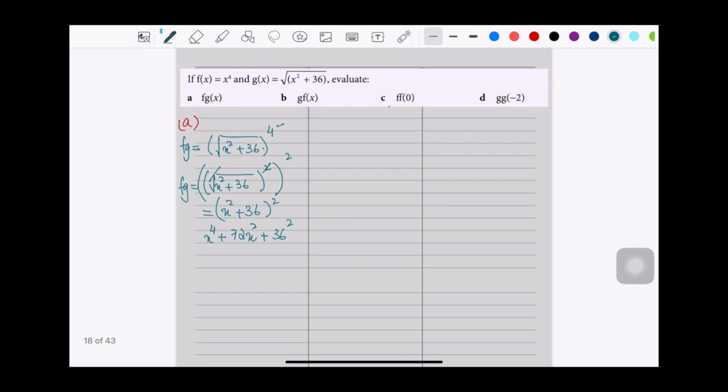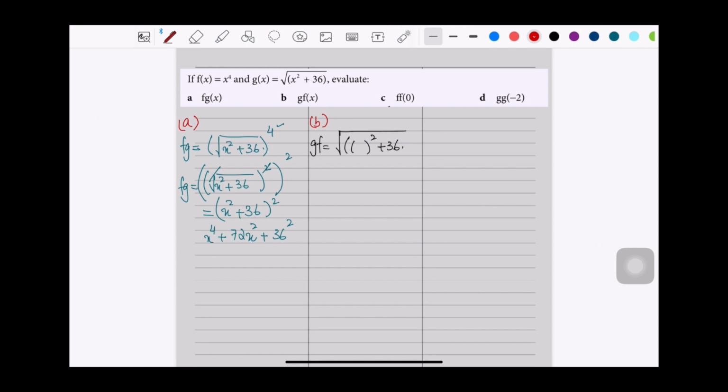Now g of f. So finding out the value of g of f. So in g you place the value of f. So g of f is going to be root, instead of x squared plus 36.